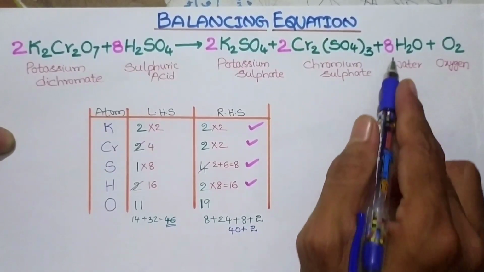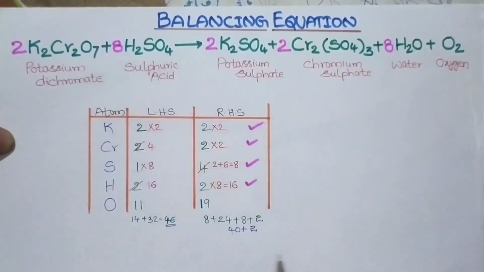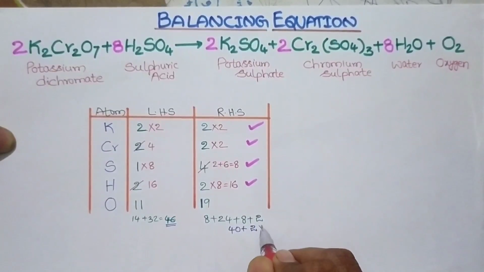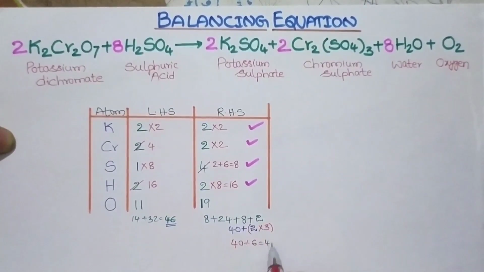Now wherever we change any number here, that will affect the remaining atoms. So here let us make this 2 just by multiplying by 3, let us make it 6. Then here it becomes 40 plus 2 3s are 6, it will become 46. So that these two can be balanced.